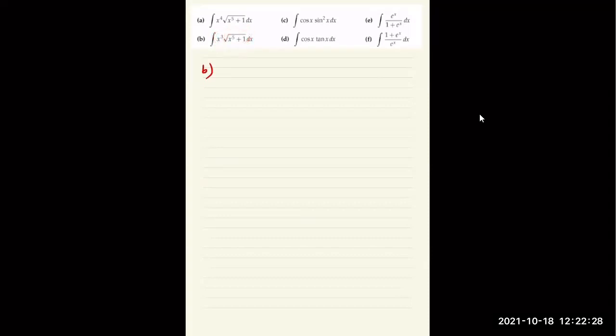So in this case, we cannot use the u substitution. U substitution would not be the best way to do this problem. U substitution would not work. Okay, let's move on to part C.